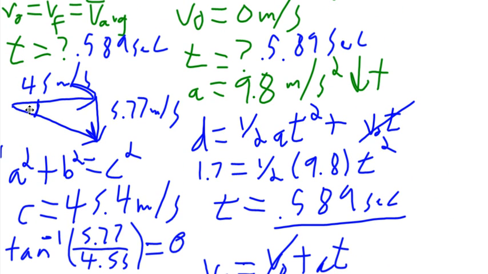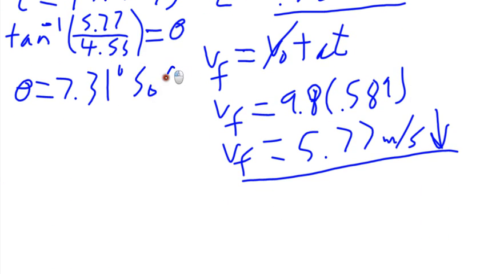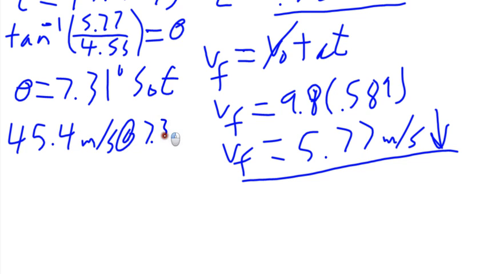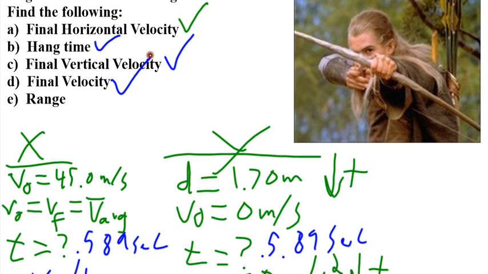And when we look at our measurement here, we are going south of east. So the final velocity here, we would write it out as 45.4 meters per second at 7.31 degrees south of east. And there we go. So we now have our final velocity.